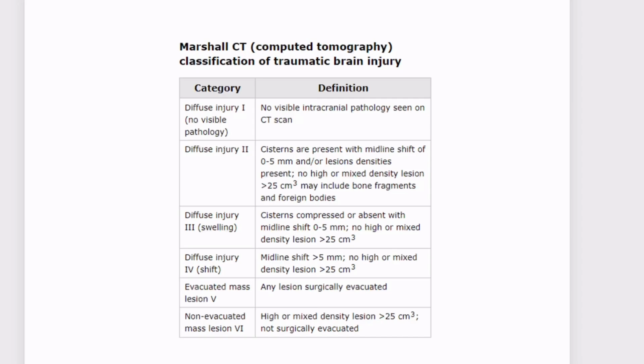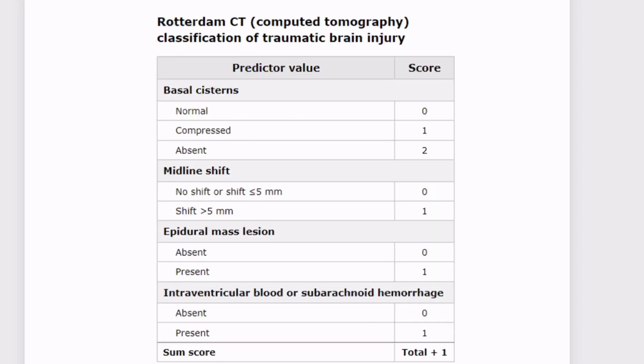Category 6 is non-evacuated mass lesion, defined as a high or mixed density lesion more than 25 cubic centimeters, not surgically evacuated.